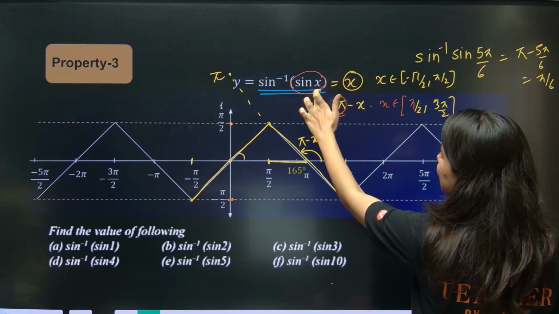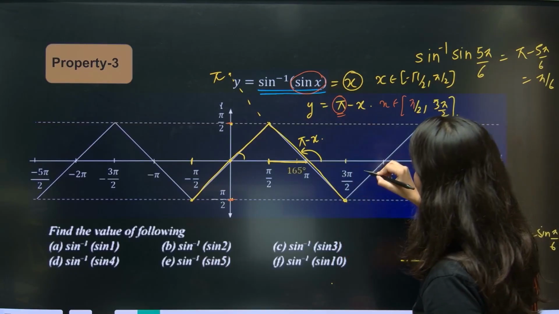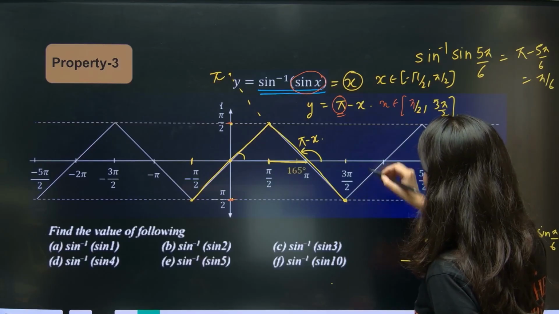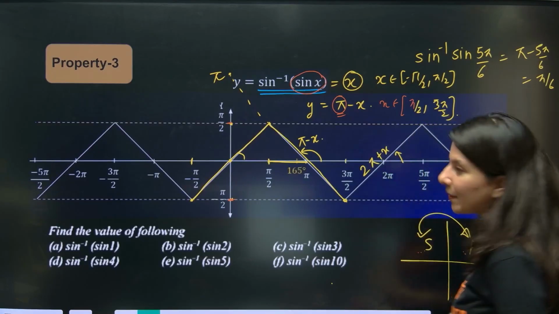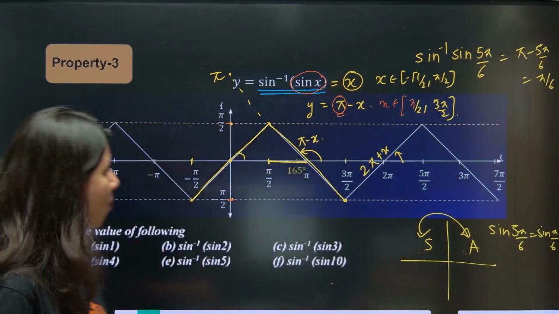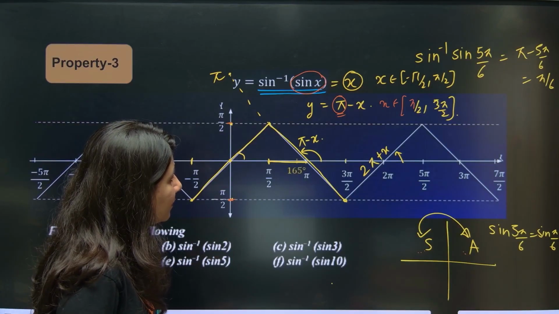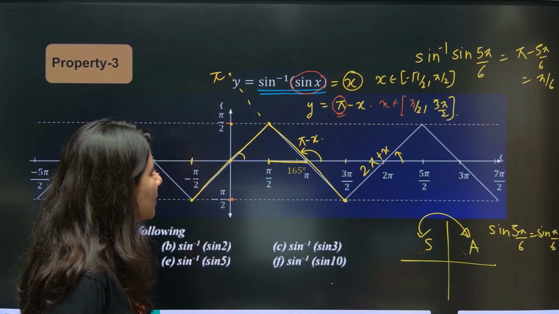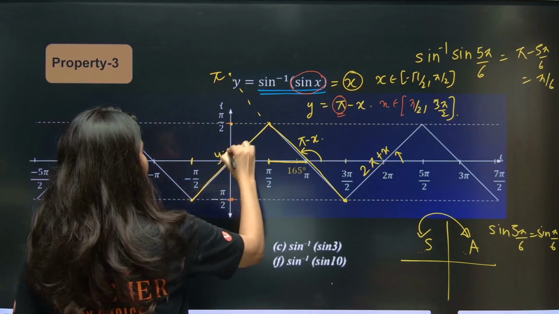Now if your angle is lying in the fourth quadrant, then what will happen? It will become 2 pi plus x. Can you see this? 2 pi plus x. Okay, so let me tell you. y is equal to x.